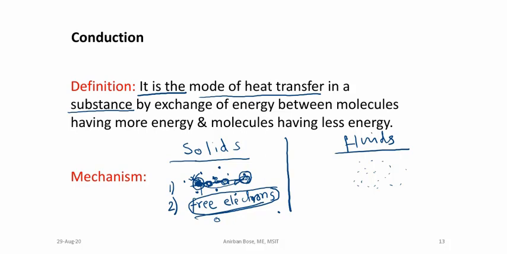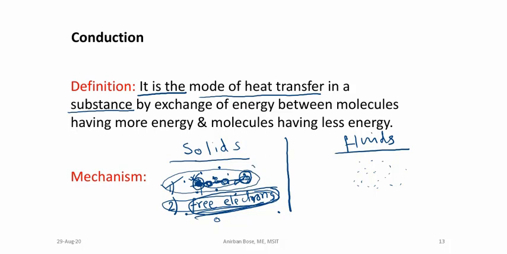So because of the vibration of the molecules, energy actually transfers from one position to another position, and by the motion of the free electrons from one position to another position, also heat conduction can take place. But this particular mechanism is only possible in case of metallic solids, but in all solids the vibration mode is available.